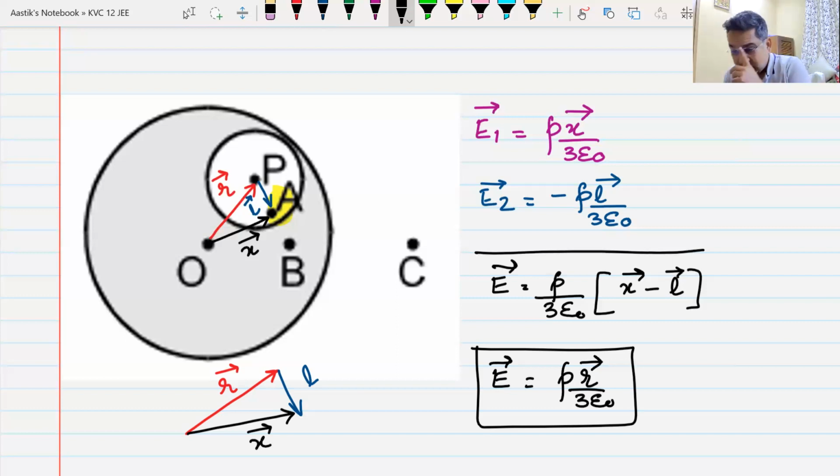It only depends on where your hole's center is. It only depends on the value of this R vector, my dear friend. It only depends on the position of the center of the hole.